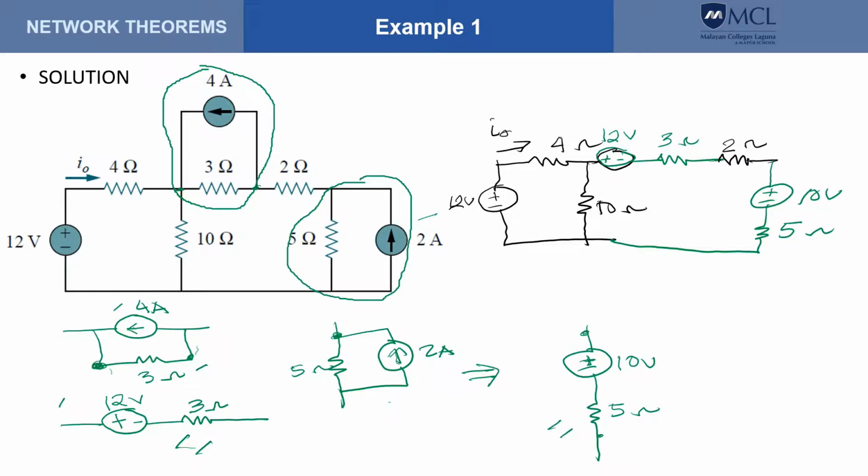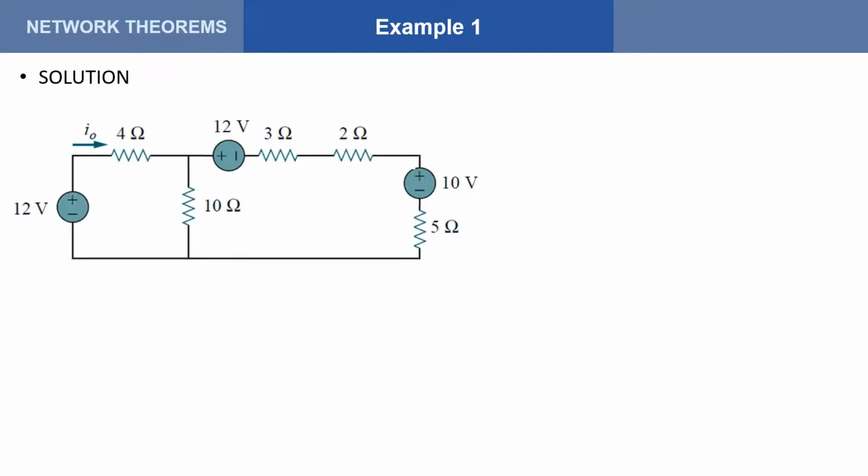So this is 10 ohms here. Take note that this, and this are now all in series. So we could actually add the resistances and the two voltages that are in series. This is our simplified circuit.